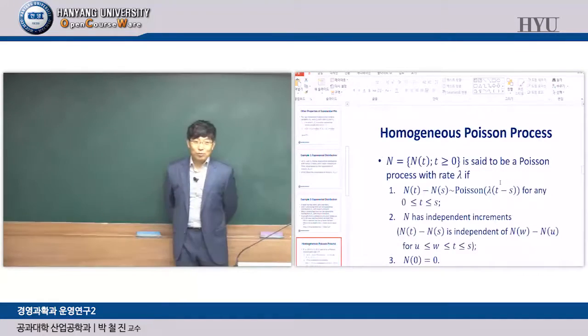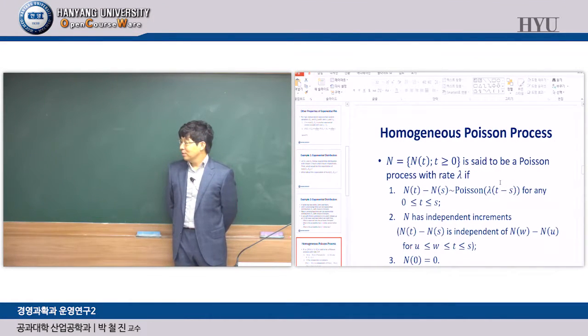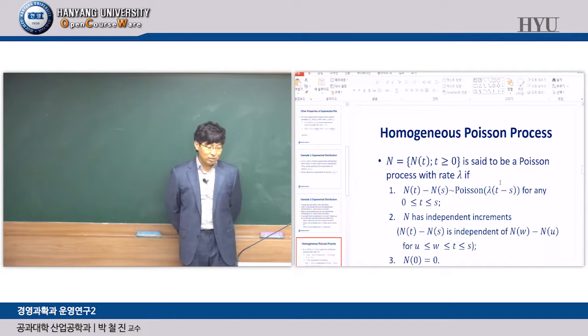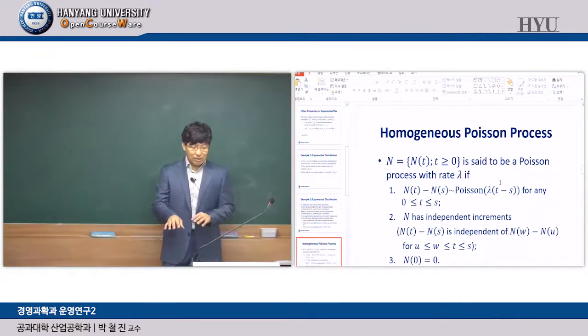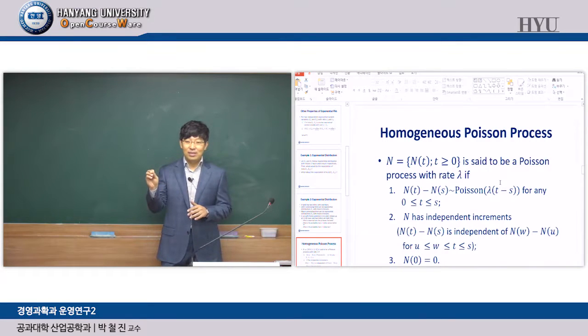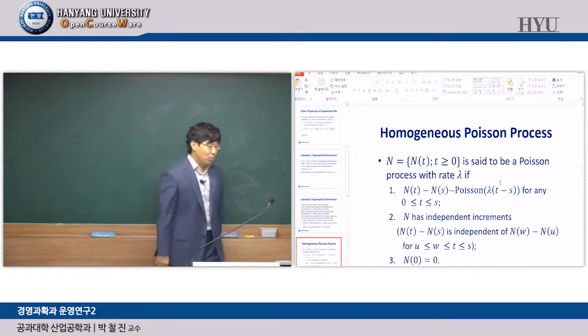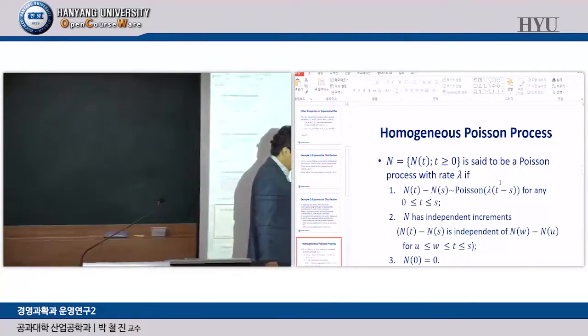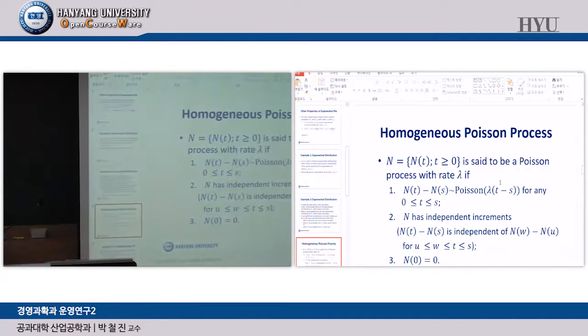We usually come up with a homogeneous Poisson process. Homogeneous means this event occurs with the same probability at any point of time. When we consider a Poisson process, as I said before, this is a special case of a point process.